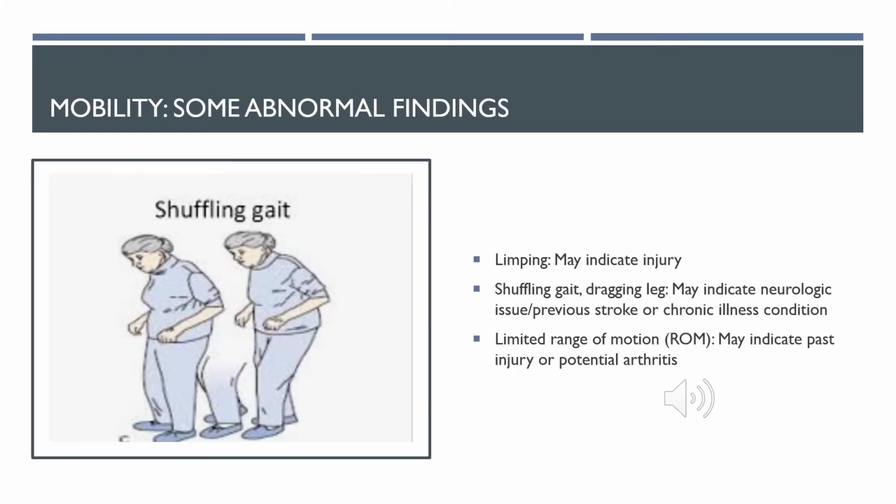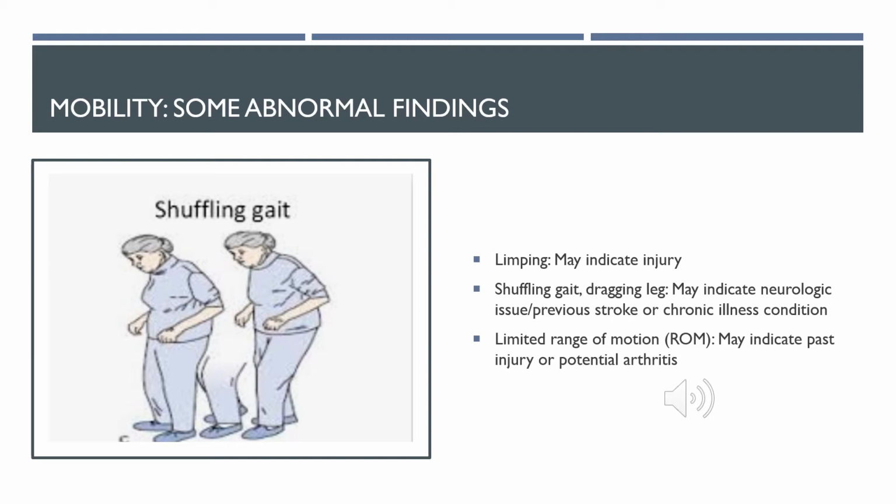In the mobility category, some abnormal findings include limping, which may indicate an injury, shuffling gait or dragging the leg. This is depicted in the picture on the left, and that can indicate several different neurologic issues and typical aging.